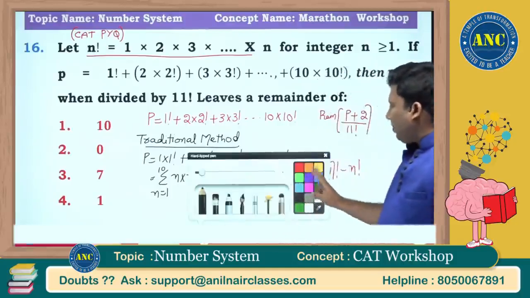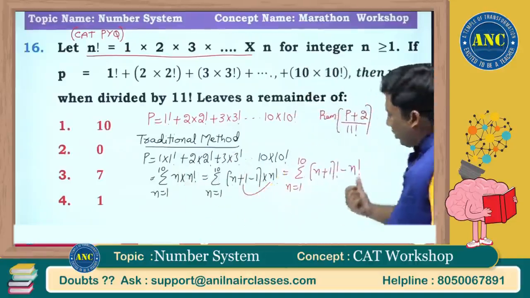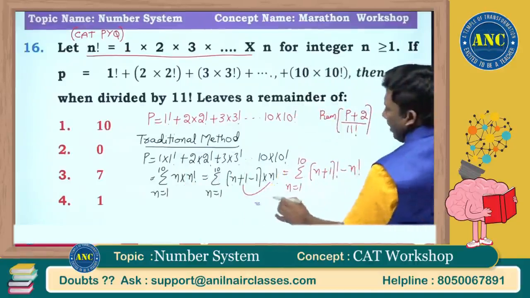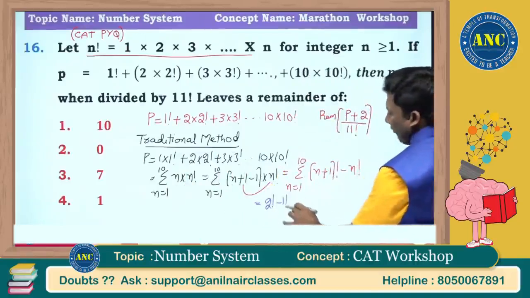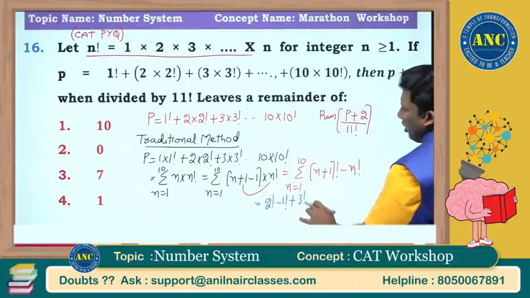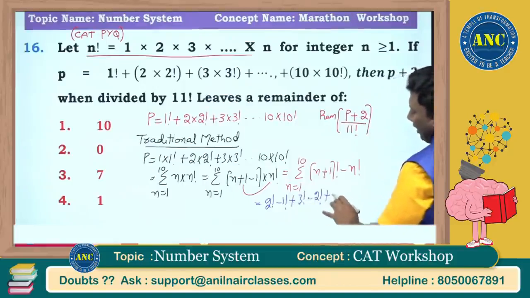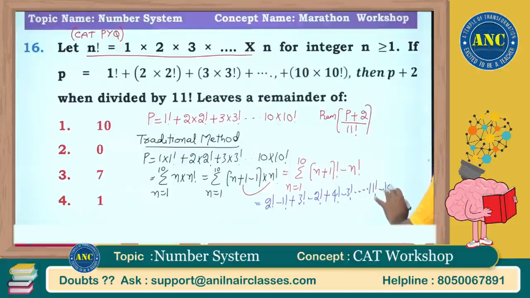Now if you observe, this entire expression n into n factorial became (n plus 1) factorial minus n factorial. When n is 1: 2 factorial minus 1 factorial. n is 2: 3 factorial minus 2 factorial. n is 3: 4 factorial minus 3 factorial. n is 10: 11 factorial minus 10 factorial.